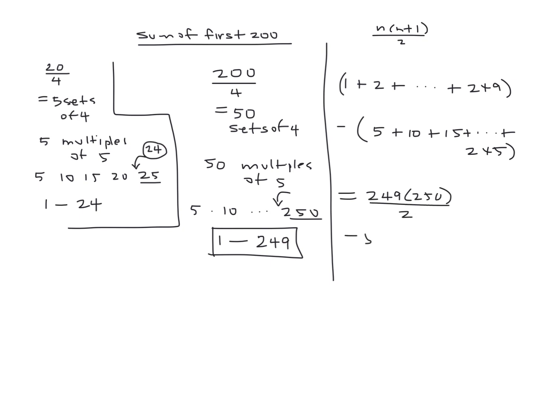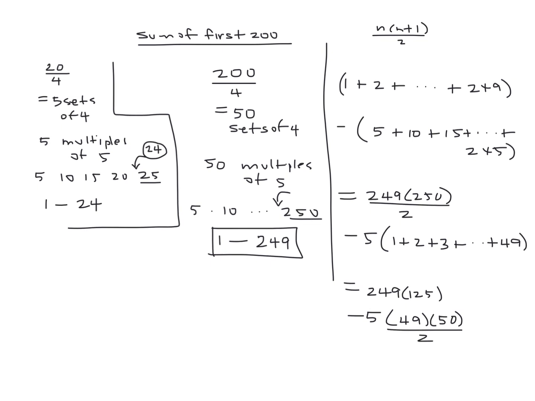This one here, let me factor out a 5 first. 1 plus 2 plus 3, all the way till what, 49, I think? Yeah, 49. So this is going to be this 249, let me just put that 125 for now. And then 5, this is going to be 49 times 50 all over 2. Okay.